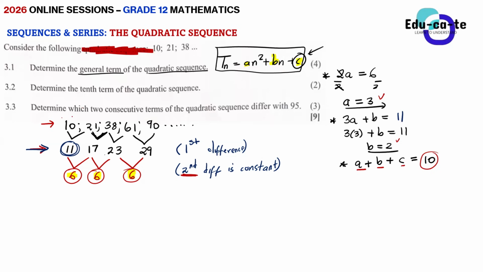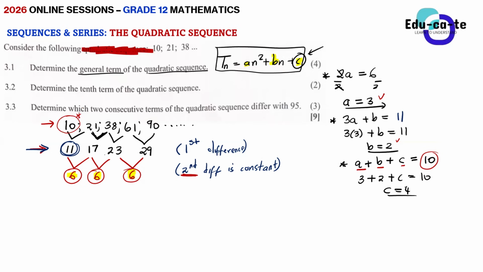So you use 10 because this is the first term that appears in the original sequence. Do we see, guys, how we move with this? Yes, sir. So you just substitute into this equation, you get 10. So 3 plus 2 is 5. You transpose it, and c must be equal to 5.